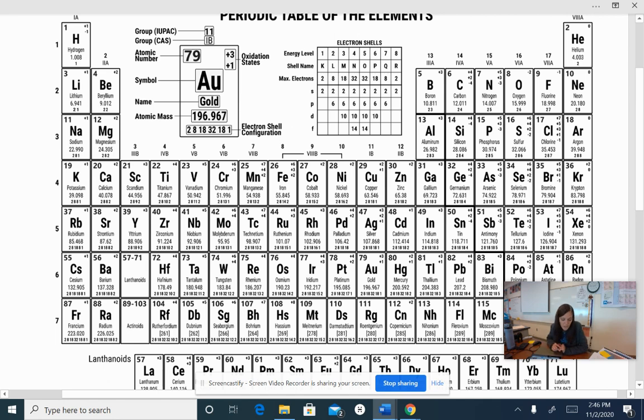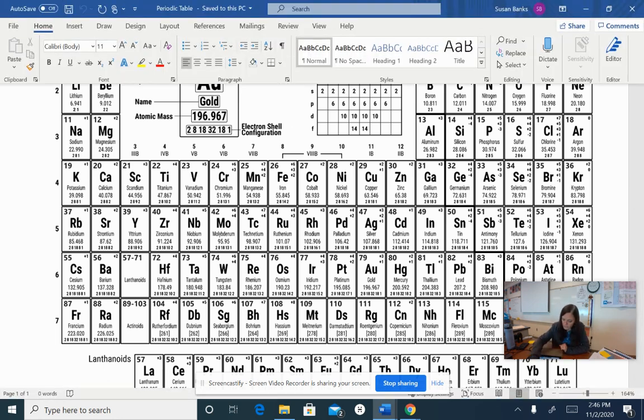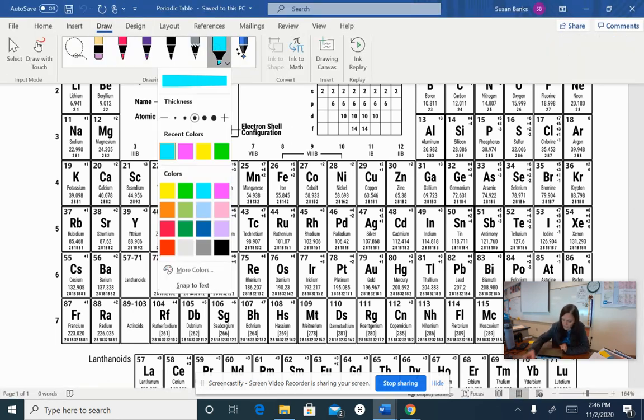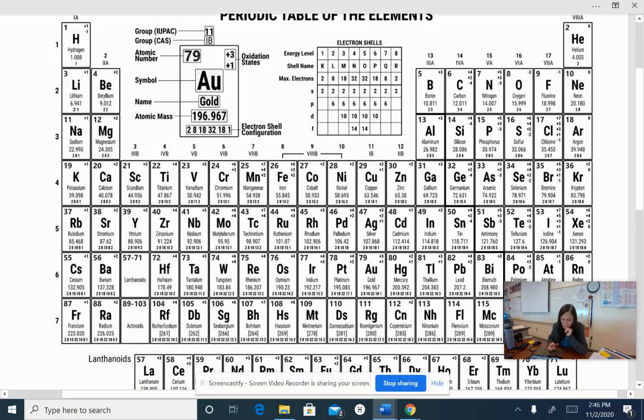So we want to compare strontium. So let's highlight strontium. We're going to compare tellurium. We're going to compare magnesium, and sulfur and silicon. Okay, and we want to know increasing atomic radius.